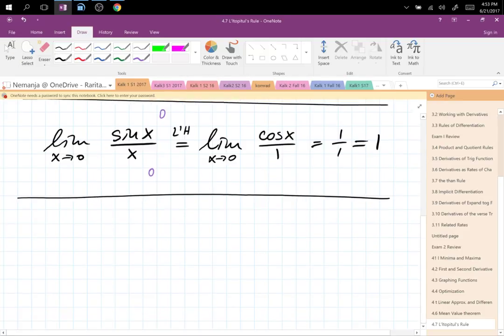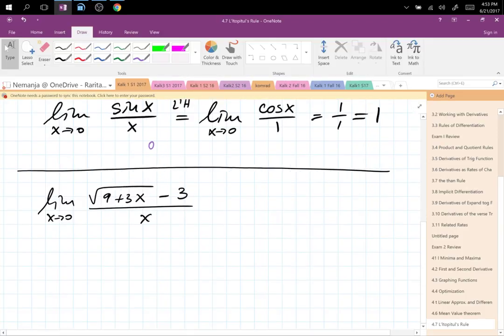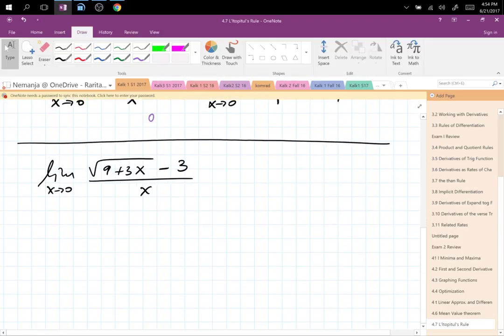So let's take a look at more examples. How about the limit as x goes to 0 of square root of 9 plus 3x minus 3, divided by x. We know that to find the limit, the most basic technique ever is to take the number and just plug it in.